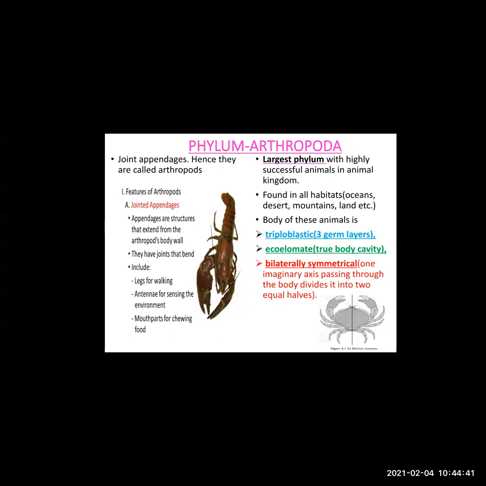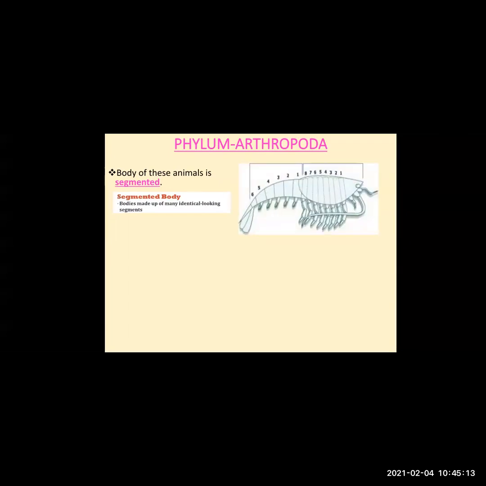Then let's move on to the next characteristics of phylum Arthropoda. The body of these animals is segmented. Do you remember what I had said? A segmented body means a body made up of many identical-looking segments.